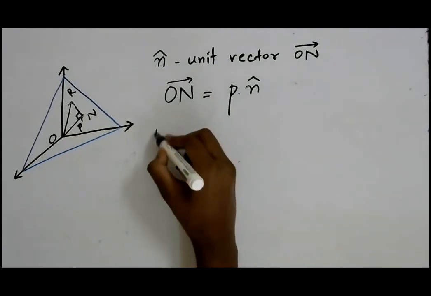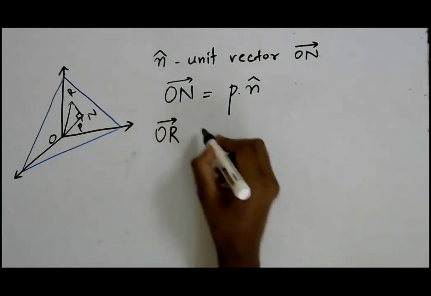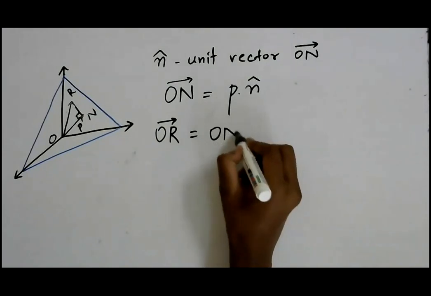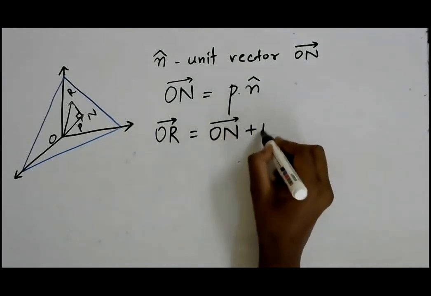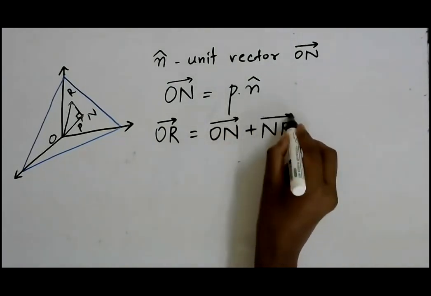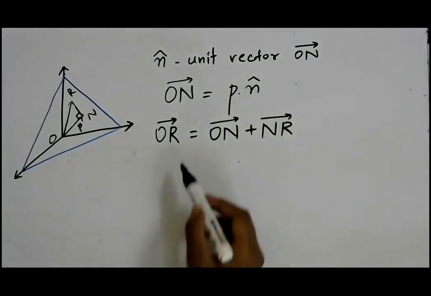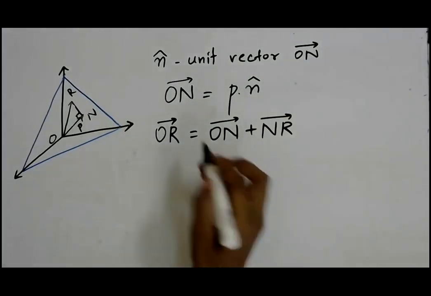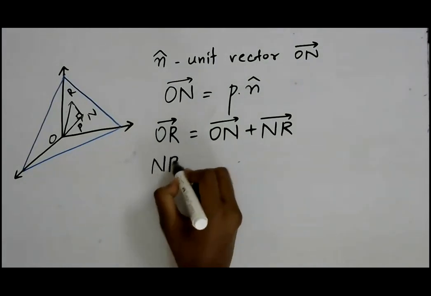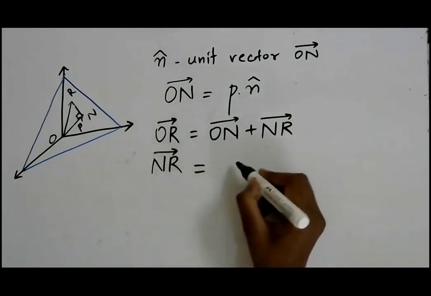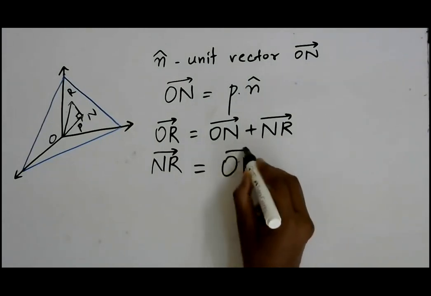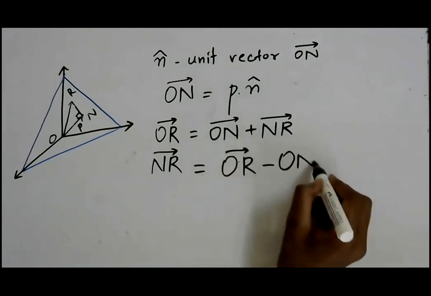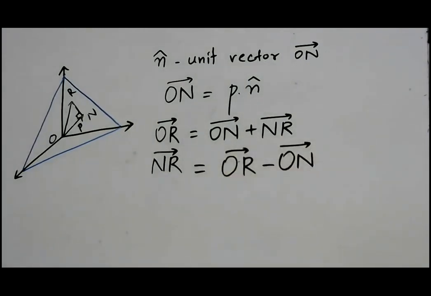So we can represent our OR vector as ON vector plus NR vector, right? I can express this like this. Also, NR vector can be rewritten as OR vector minus ON vector, right? Let's call the position vector of R to be r vector.